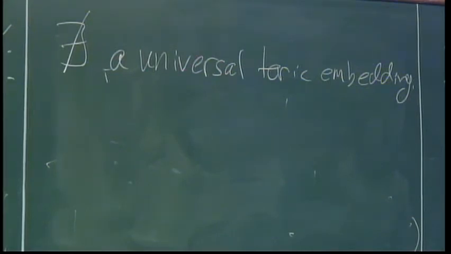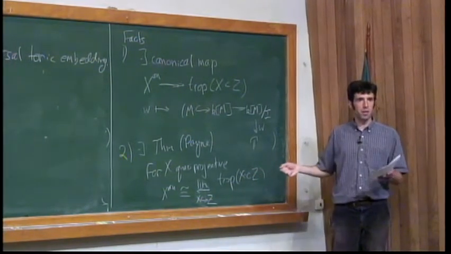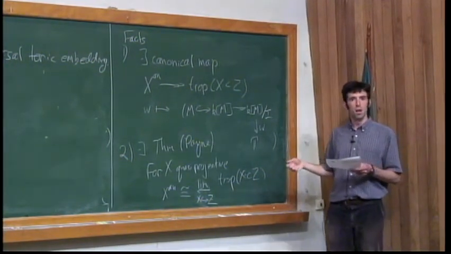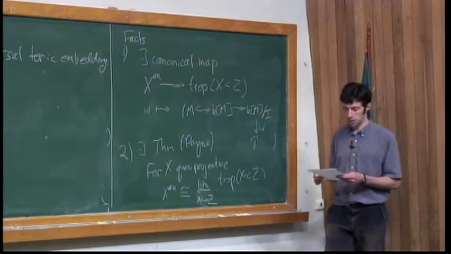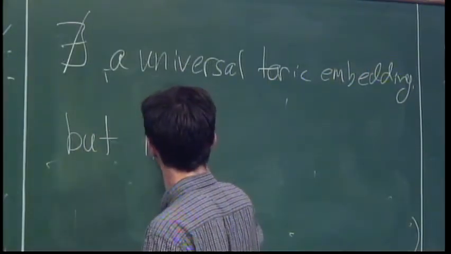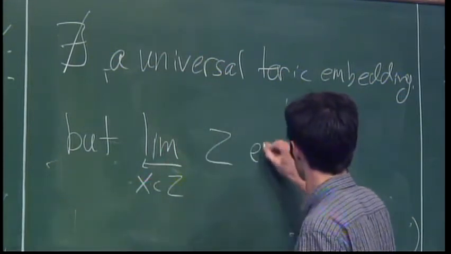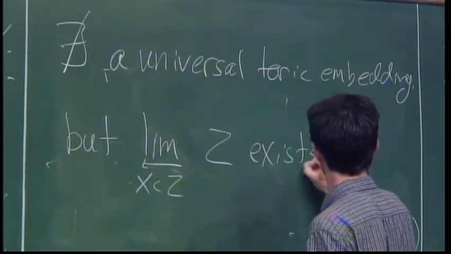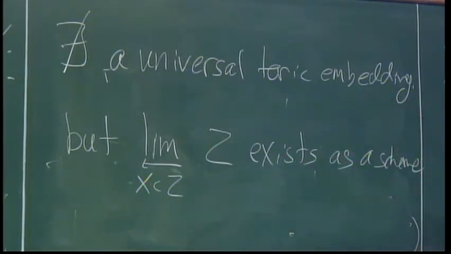However, you can still take the inverse limit over all of these Z's that X is being embedded in and get something. It won't be a toric variety, but it still has some structure that it turns out is enough to tropicalize in. So the limit exists as a scheme.